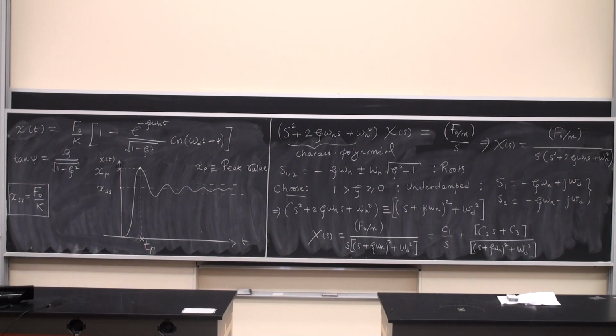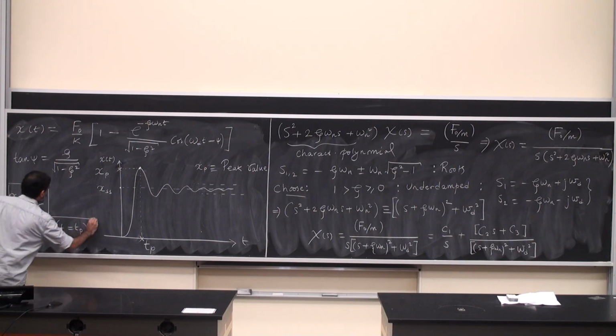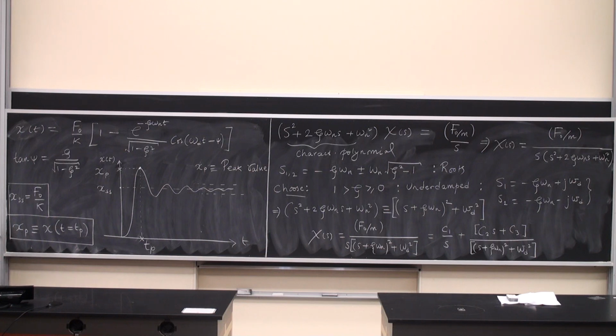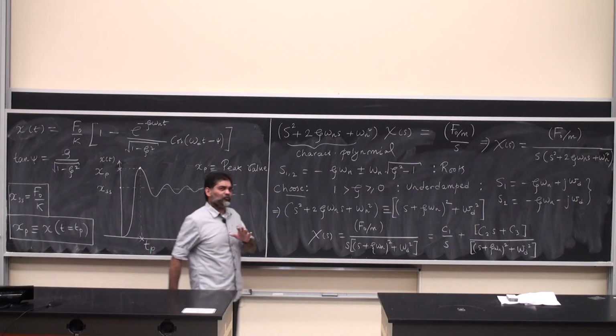Okay, so this is t suffix p. So xp is x at t suffix p. So xp is the system response at t is equal to t p.